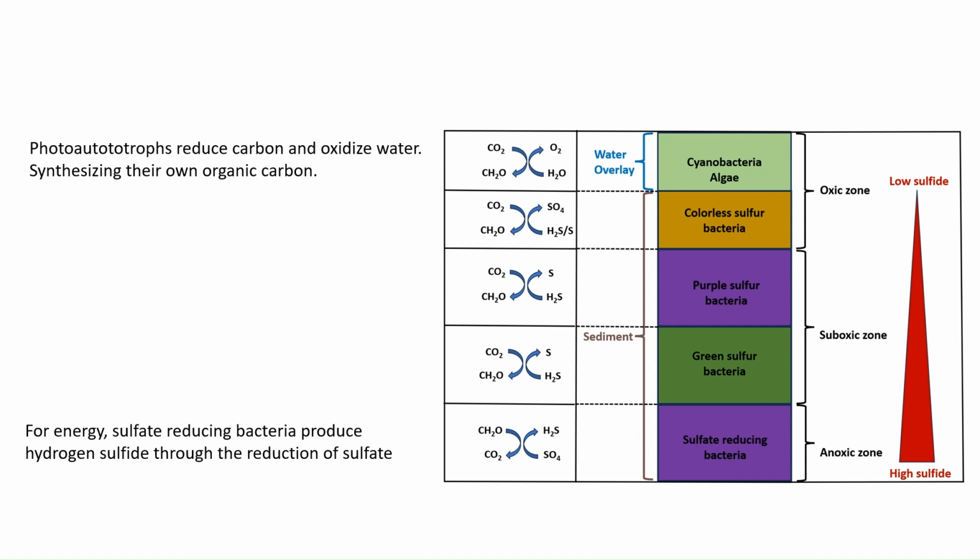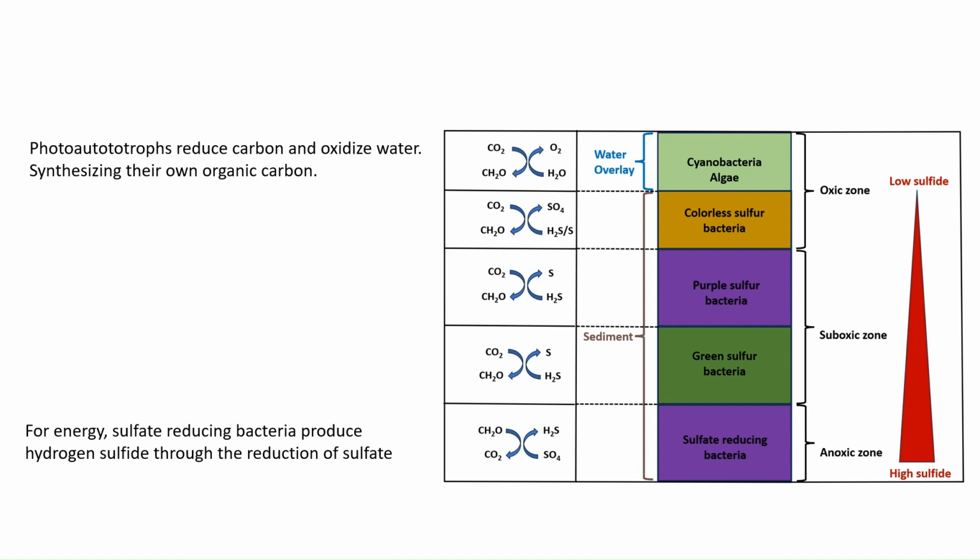If we scroll to the bottom here, in this anoxic zone, oxygen isn't available and sunlight is not as prevalent down here at the bottom. And so what do we do for energy? Well, we might have an abundance of sulfate present in our ecosystem.